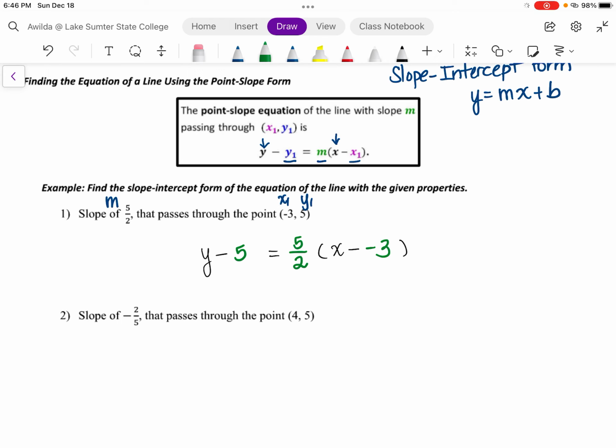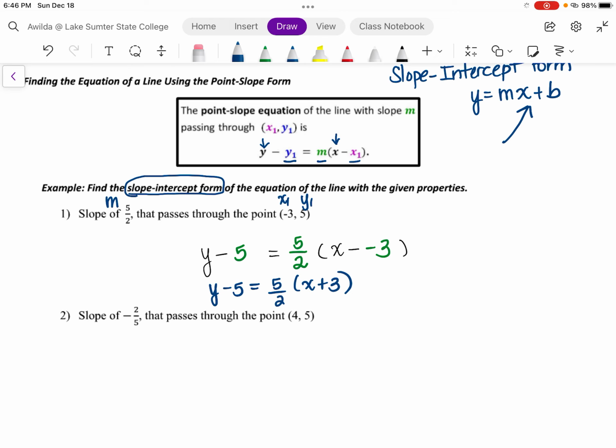Let's clean this up a bit and then we'll simplify. So we have y minus 5 equals 5 halves times x plus 3. And if we look at the instructions, we're told to write the equation in slope-intercept form. So we're going to rewrite the equation in the form here above.